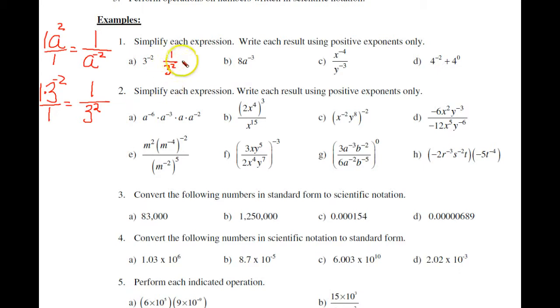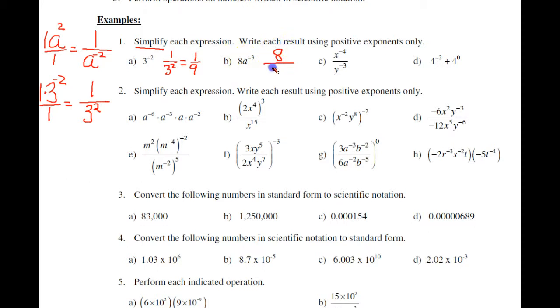And what is 3 to the second? 1/9. Because they're asking us to simplify as well. Now here it gets a little tricky because what is our base here? Is it 8a or only the a? And the answer is it's only the a. So the 8 is going to stay up in the numerator.